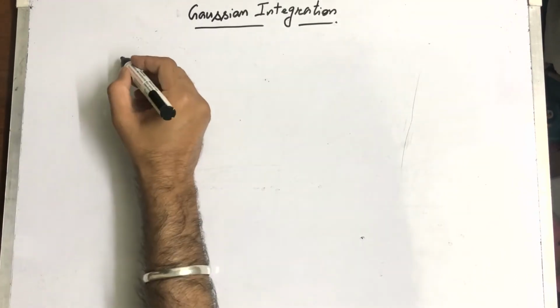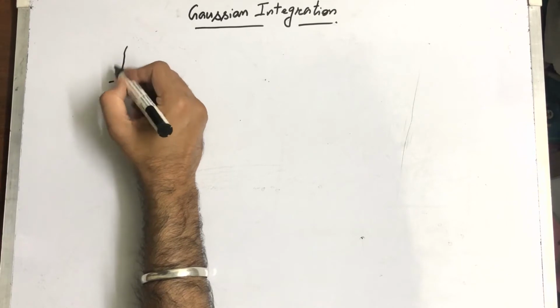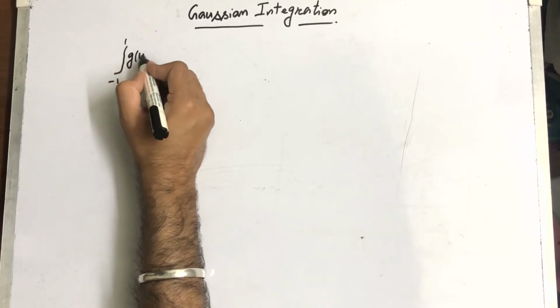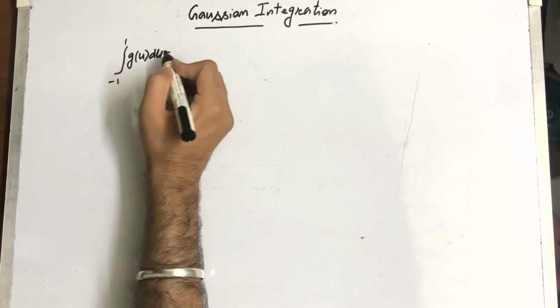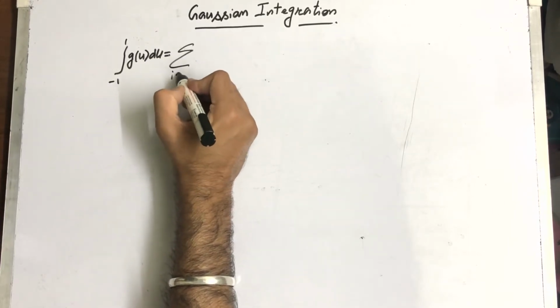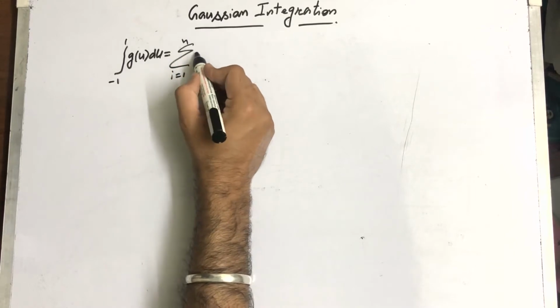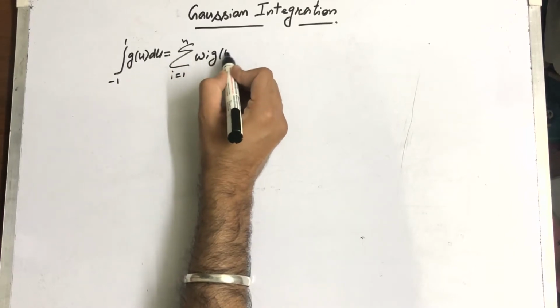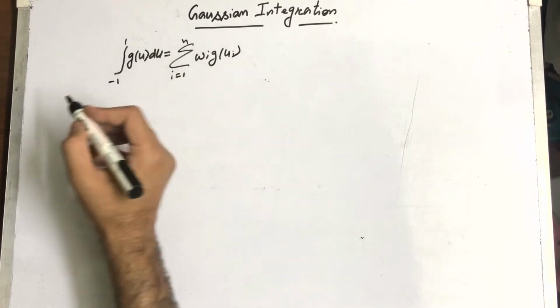So we write the formula here again: the integral from -1 to 1 of g(u) du is approximated by the sum for i from 1 to n of w_i g(u_i).